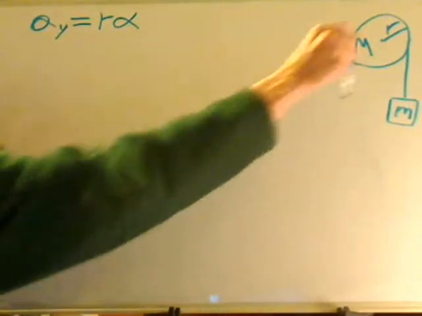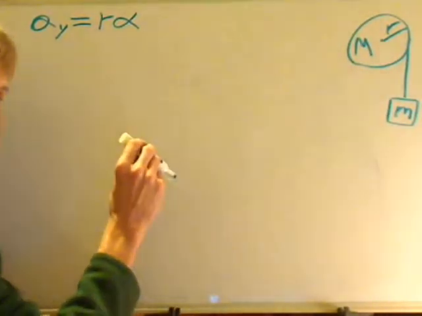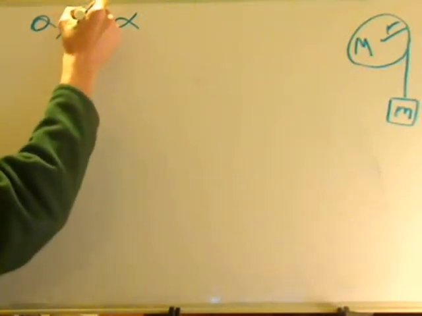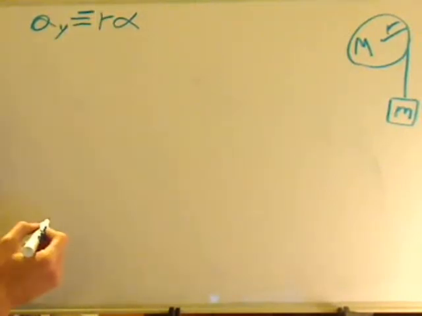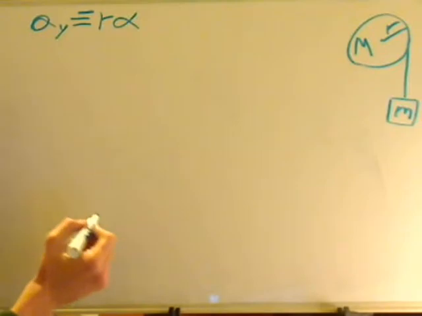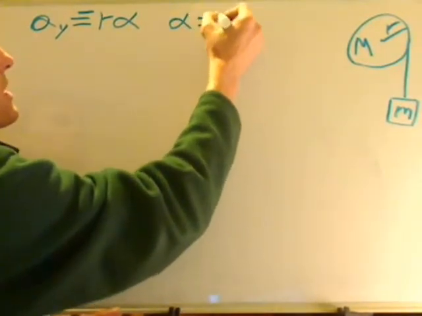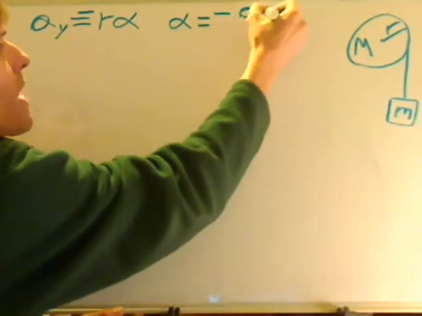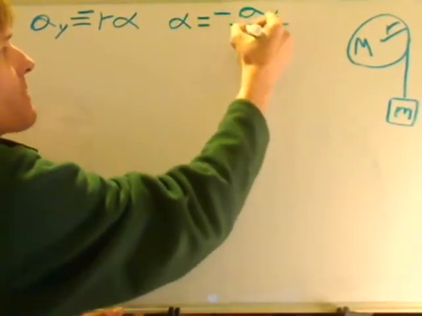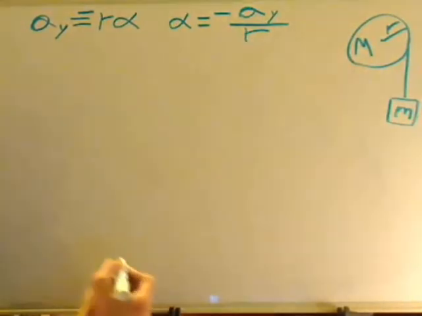Now, since it's going to be moving downward, we'll take that as the negative direction. So we have to manually put a negative sign in here. So the angular acceleration then of that winch is the negative of the y acceleration of the object divided by the radius.